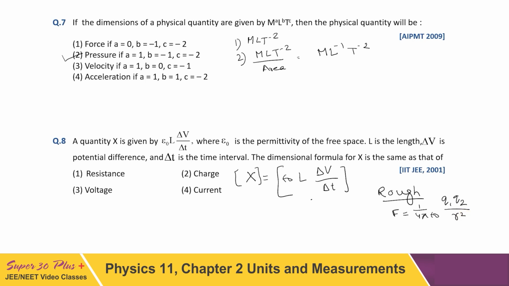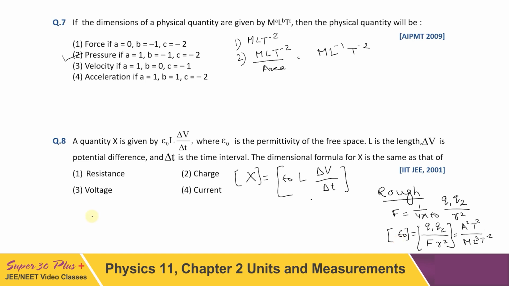From here we can write the dimension of epsilon naught, that would be Q1 Q2 upon F R^2. These two are a product of charges, so it would be A^2T^2. F into R^2: F is MLT^-2 multiplied with L^2, so that would be ML^3T^-2. This is the dimensional formula for epsilon naught.